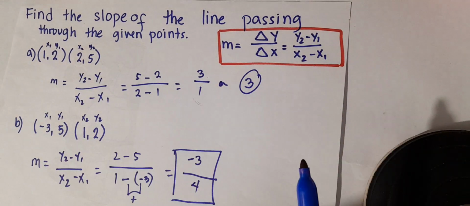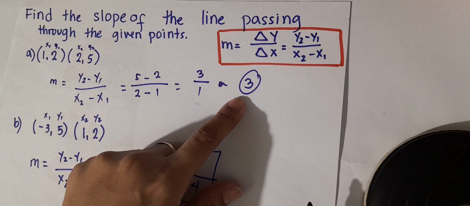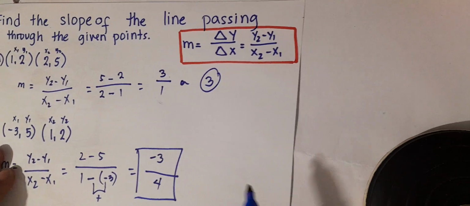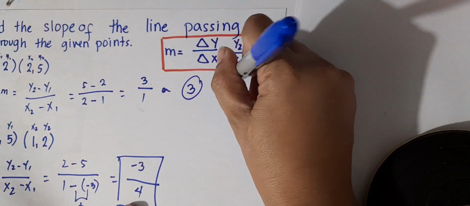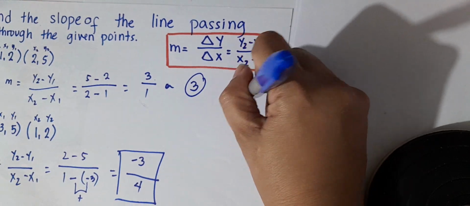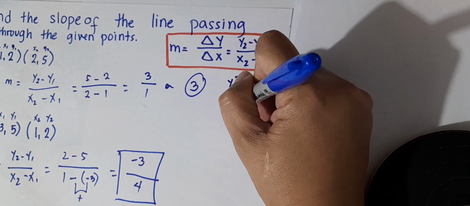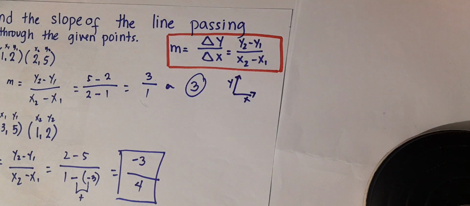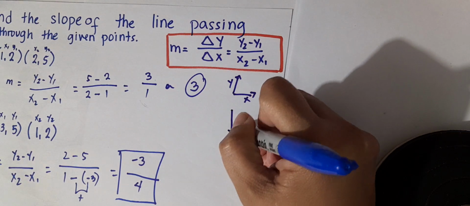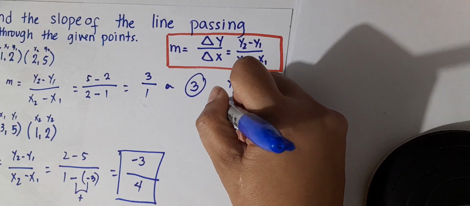That is if the slope is positive. So, there are 2 ways to do this when it's positive. Going up and going right. Okay, so up is your y, going right is your x. Or, another one is going down for your y and going left for your x.